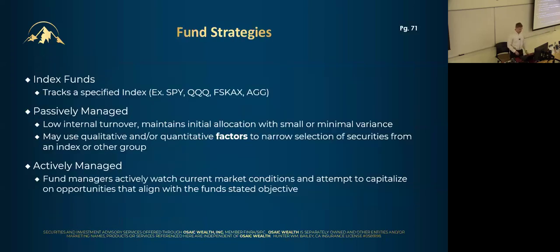So kind of to that point, if we look at fund strategies, we've got a bunch of different things that funds can do. Mutual funds and ETFs can really do pretty much whatever they want as long as the SEC says it's all good. So starting with that, we can have index funds. If we have our product, like our mutual fund or our ETF, they can decide, I want to track that market index because a lot of people want that.